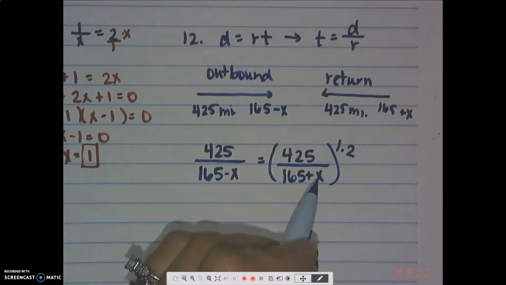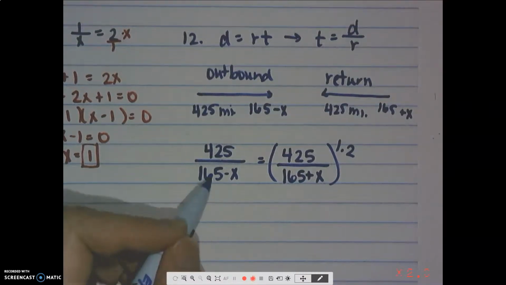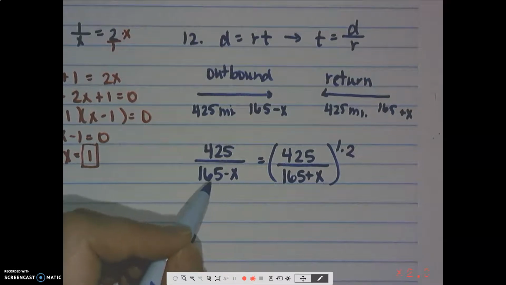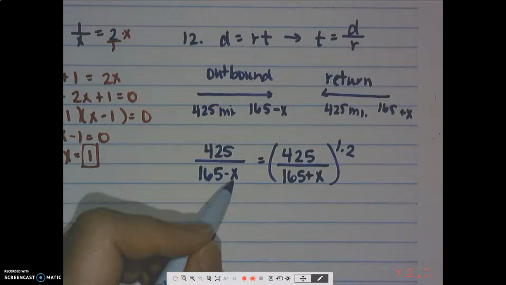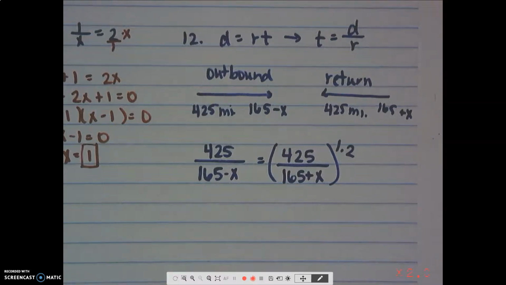So it's making it go at a faster speed, which means you will get there in a shorter amount of time. This one is the slower because you're taking that speed of the plane and you're slowing it down. If you're going slower, you're going to take longer to go that same distance of 425 miles.